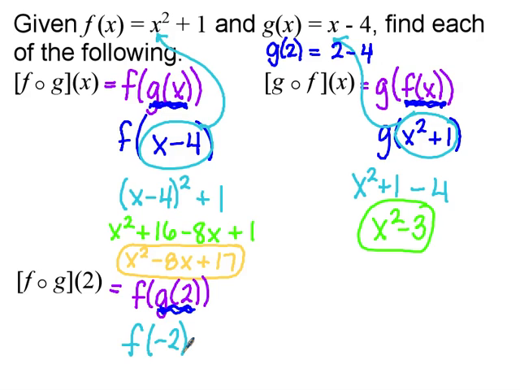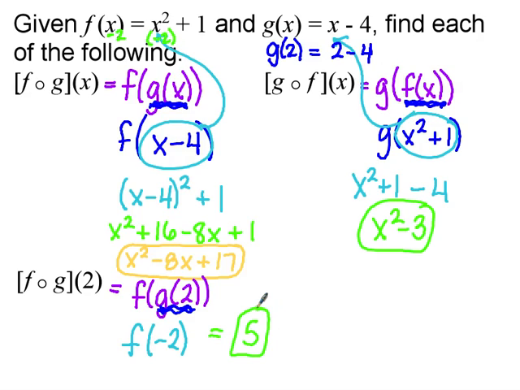So we know that g of 2 is negative 2. So now I need to know what is f of negative 2. Yeah, 5. Because I'm going to now plug negative 2 in here for x. So if I square negative 2 and add 1, I get that to equal 5.